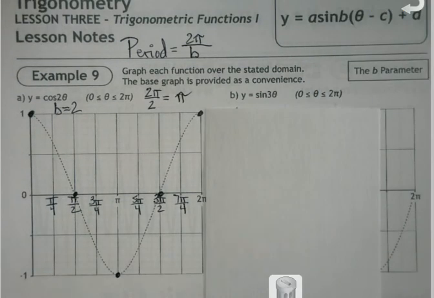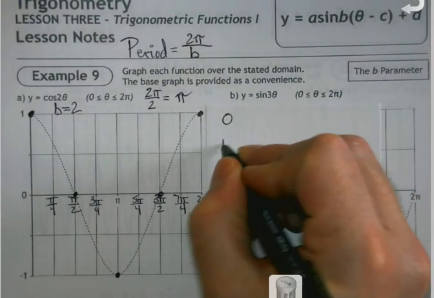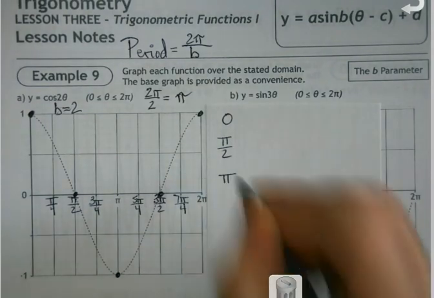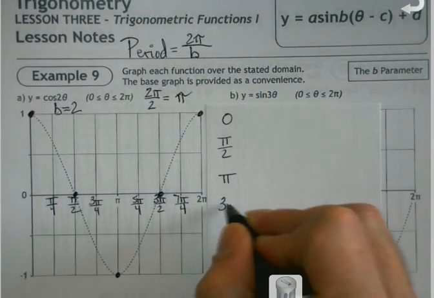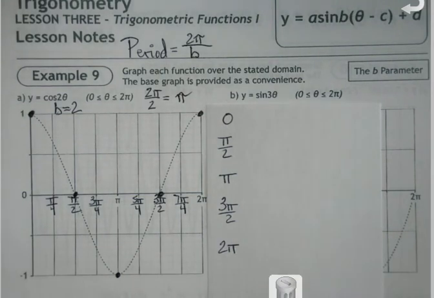So here's what we're going to do. We know right now that our values are at 0, pi over 2, pi, 3 pi over 2, and 2 pi. And the cool thing is that never changes. That's where my base values are going to be for cosine and sine. I want to divide those angle measures by 2.